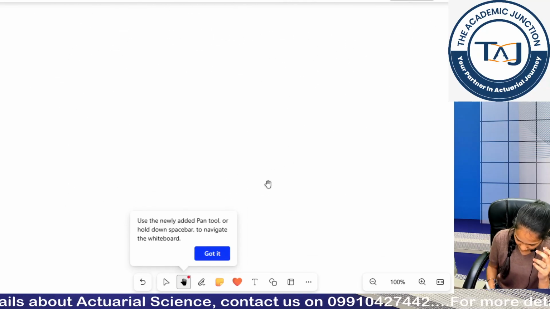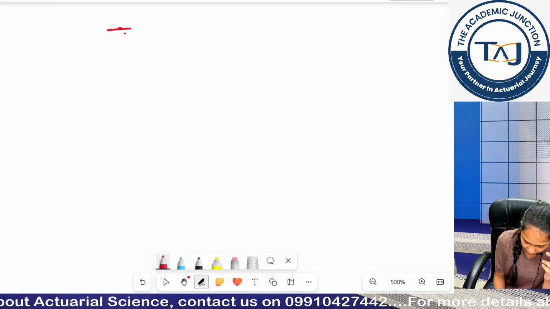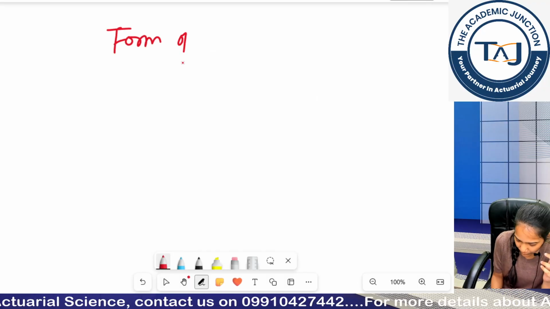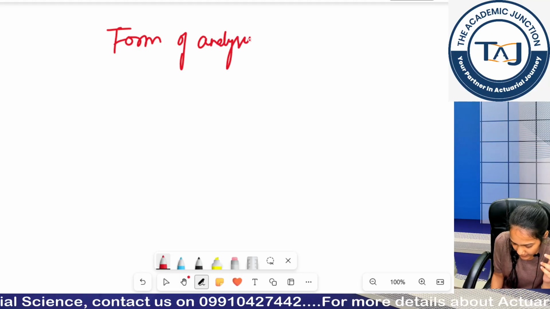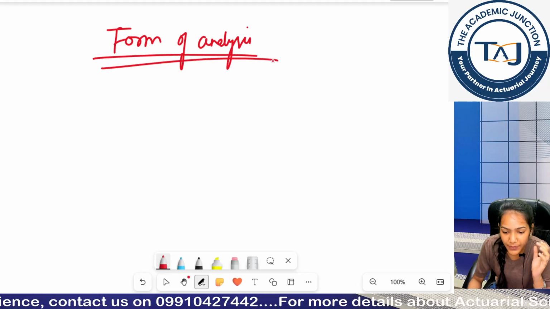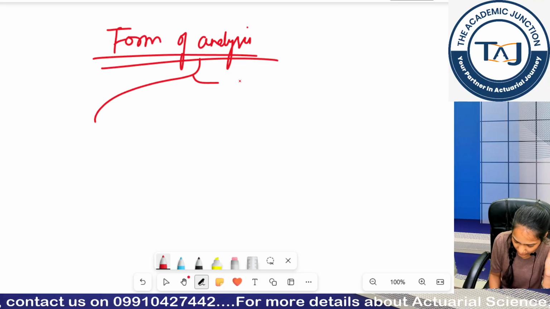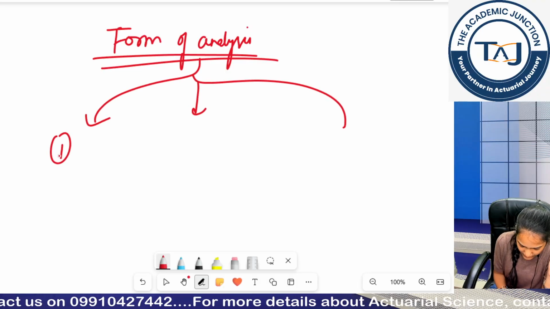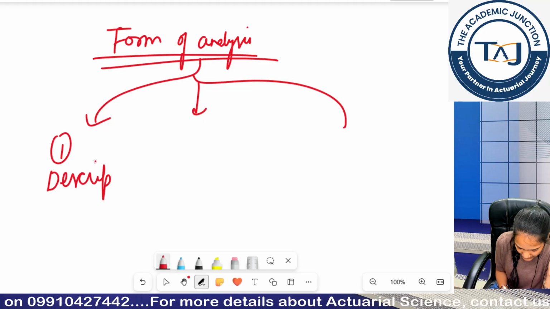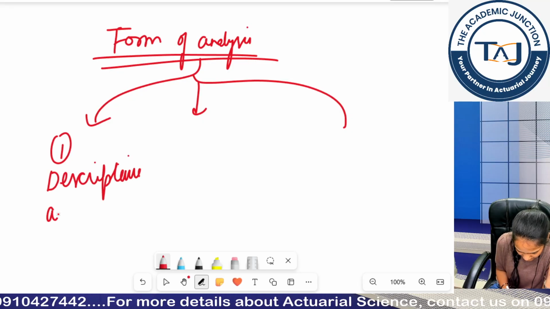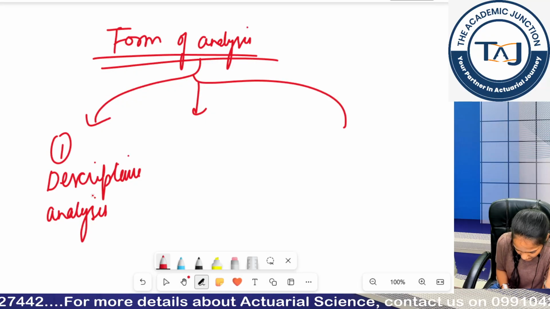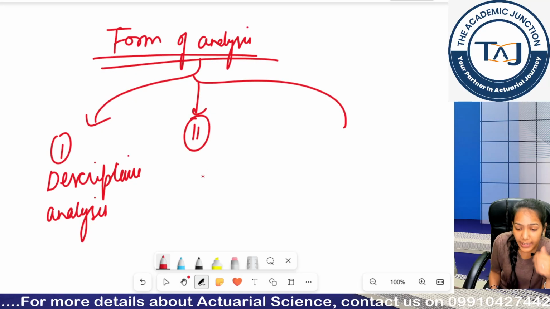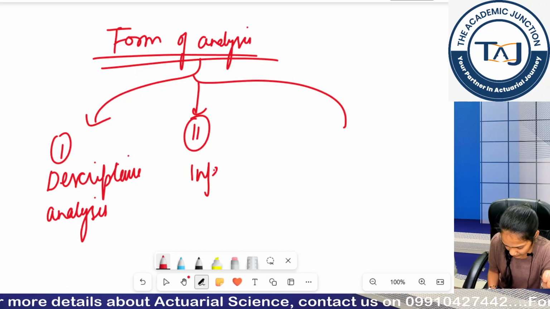First up, let us start with forms of analysis. And analysis can be done in various forms. If we are talking about three different forms, first one is descriptive analysis, then we have inferential analysis.